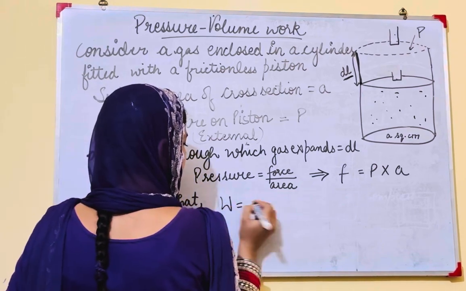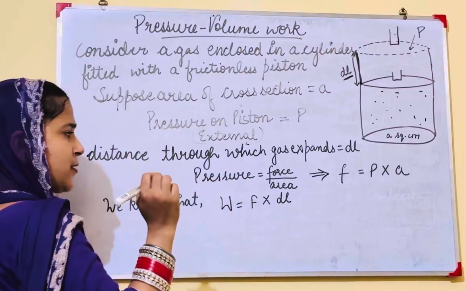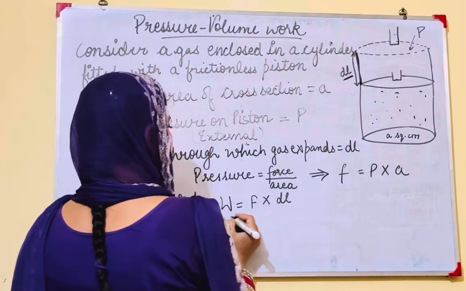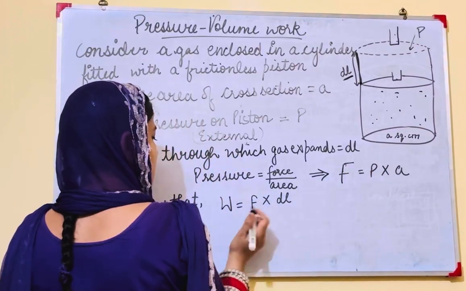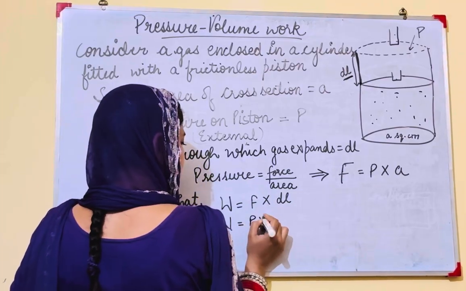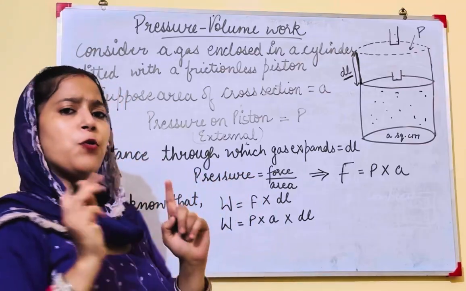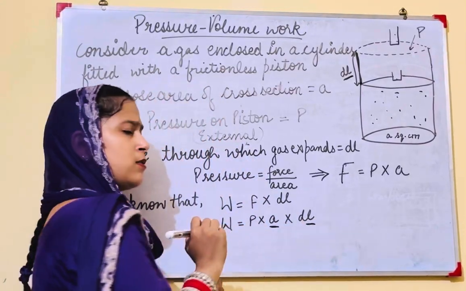Now, what is work? Work done is equal to force multiplied by displacement. Is there any force value? Yes, this is the force. We can put this force into this equation. What will happen? Pressure multiplied by area multiplied by dl. Now, this is area, this is length.